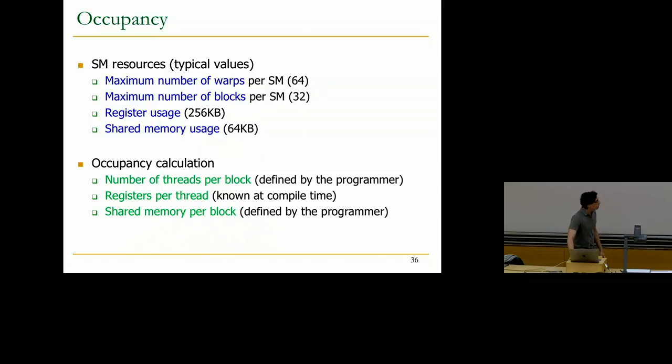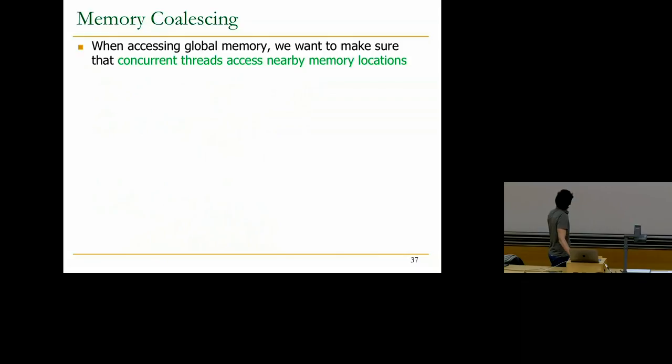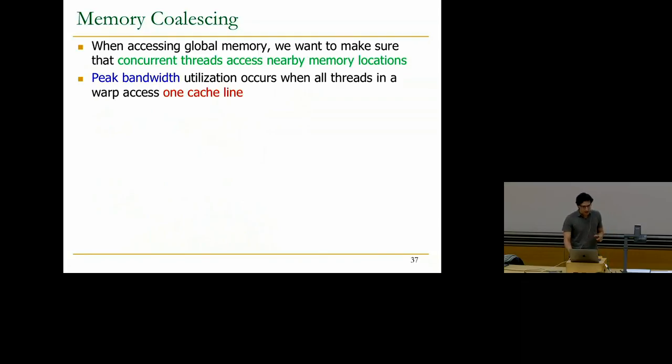So the second important thing regarding memory access is memory coalescing. When we access memory from the GPU threads, we want to make sure that concurrent threads access nearby memory locations. That's what we call memory coalescing. As you can see here, peak memory bandwidth utilization occurs when all threads in a warp access one cache line.